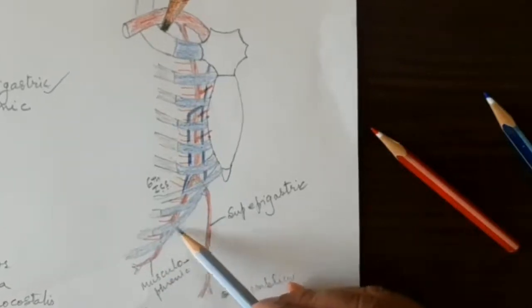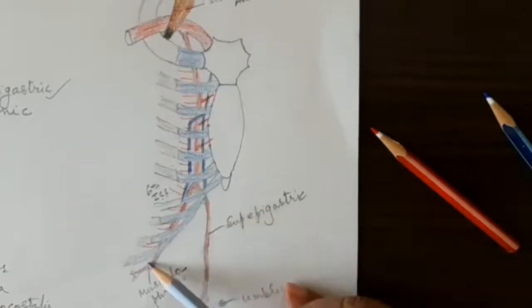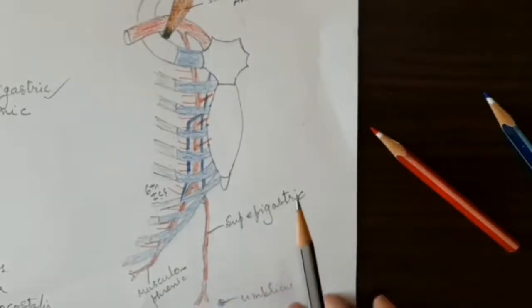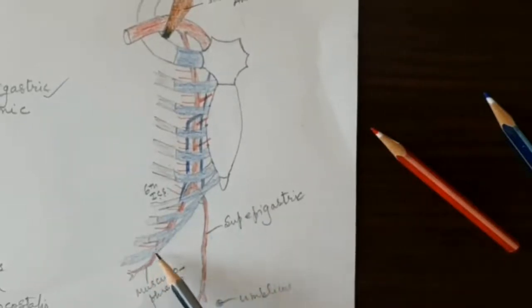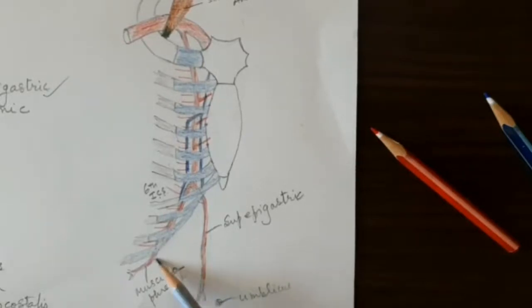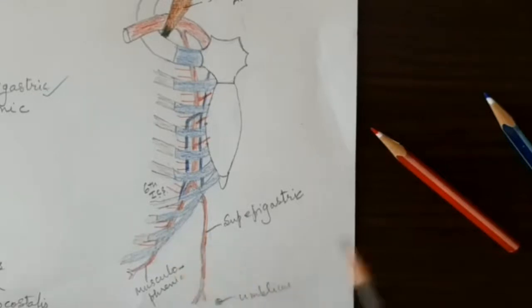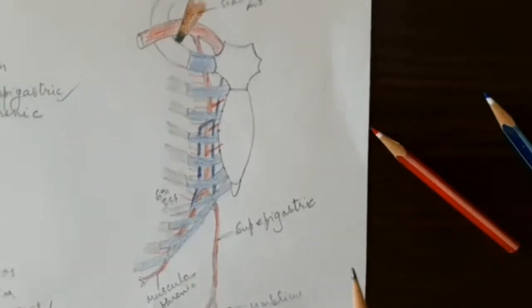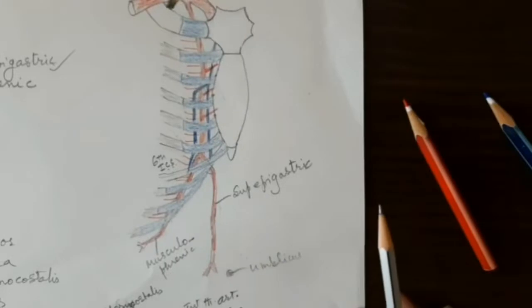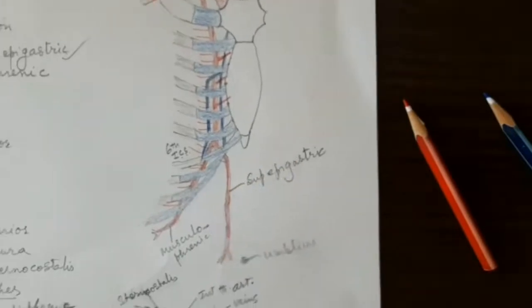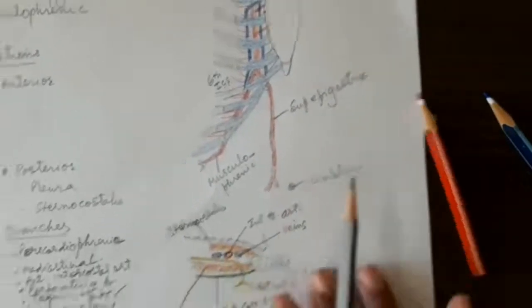So this will ultimately also go into the abdomen on its undersurface, by perforating the diaphragmatic muscles by the lower margin of the 9th or the 10th costal cartilage. These were the two terminal branches. So the branches are over.